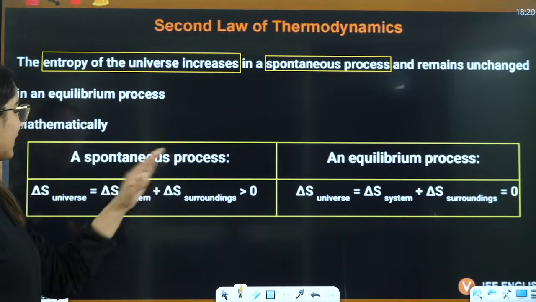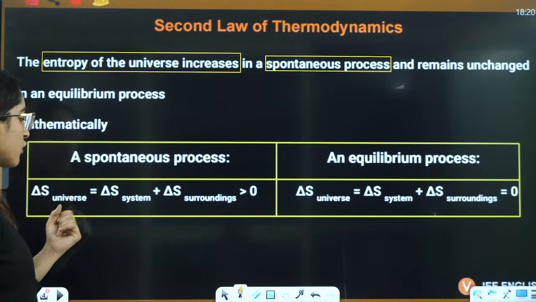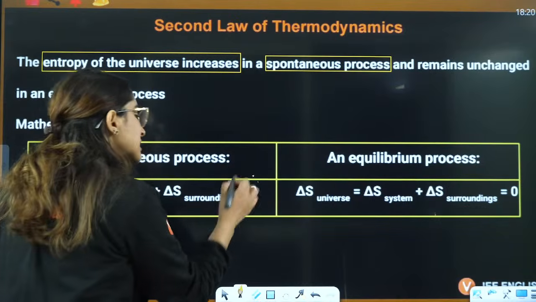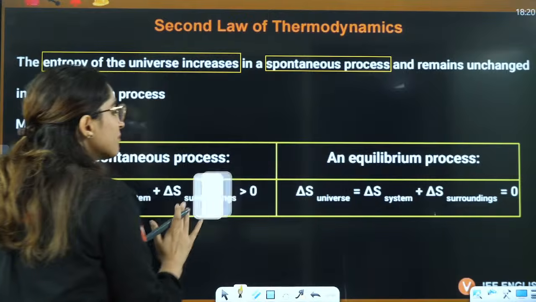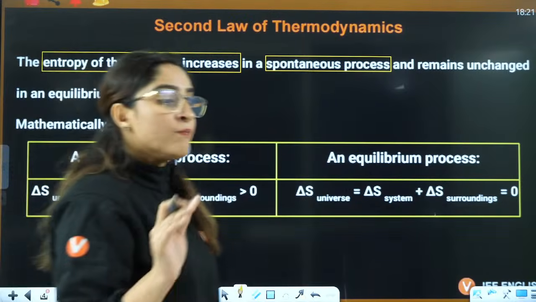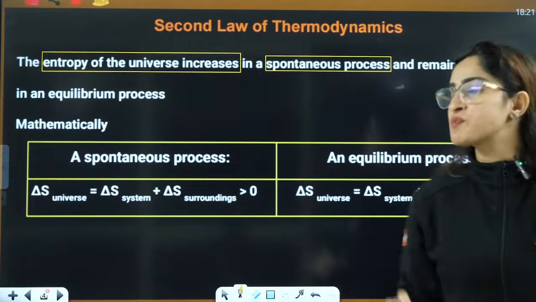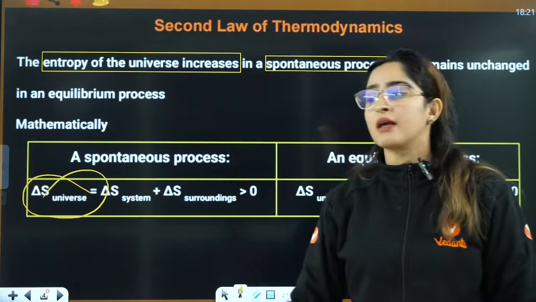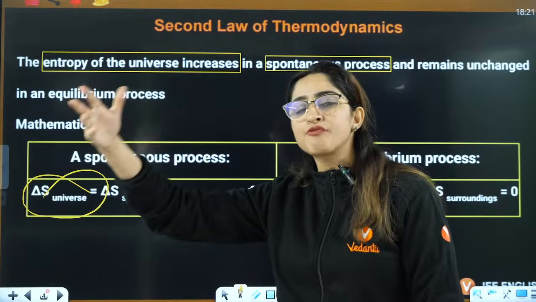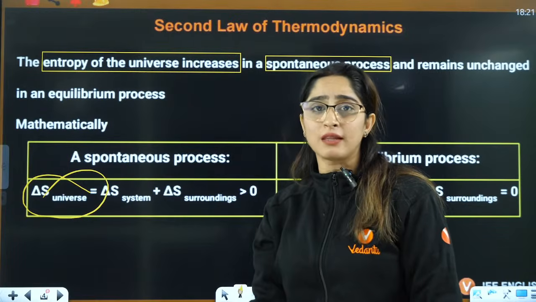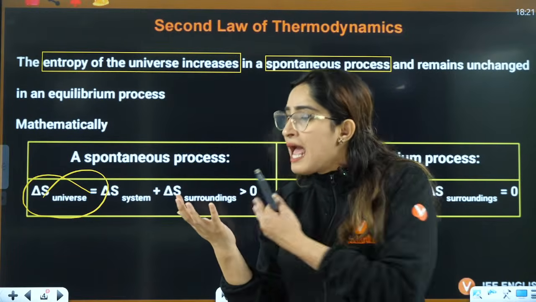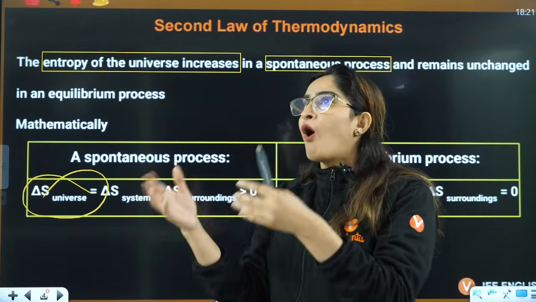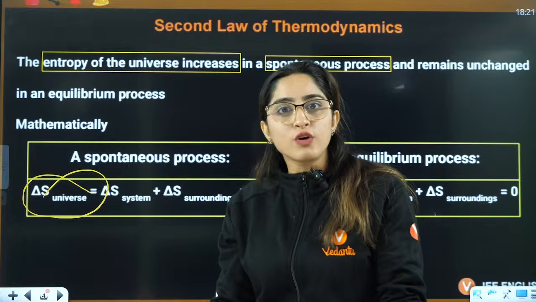So for a spontaneous process, delta S of universe, that is delta S of your system plus delta S of surroundings, is greater than zero. That's a very important thing to understand: if I talk about a spontaneous process, entropy of the universe is increasing. This universe accounts for system and surroundings both, the thing that we are focusing on and everything else apart from the cup or this bottle, whatever you are focusing on.